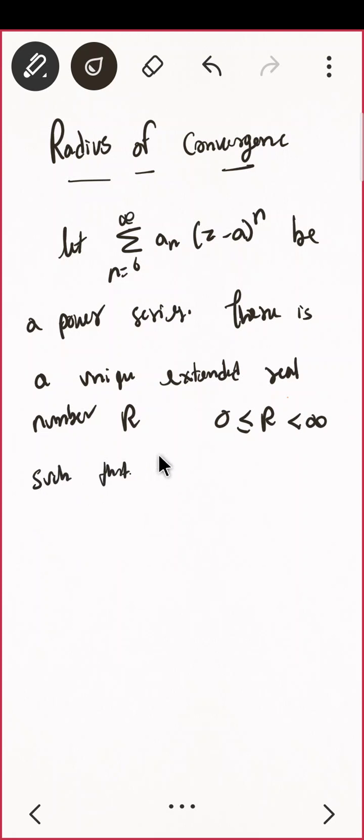Then there is a unique extended real number r, that 0 is less than r less than infinity, such that the following holds.